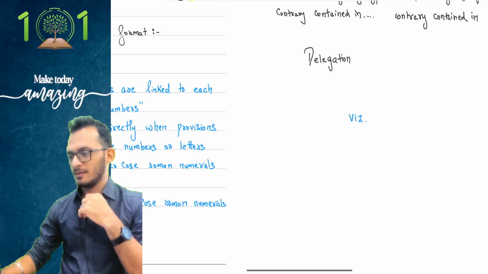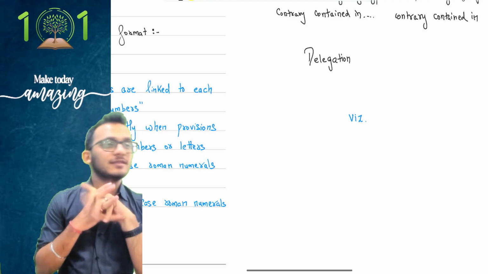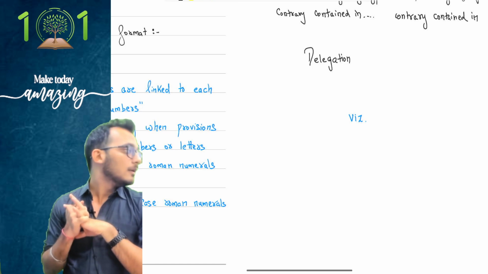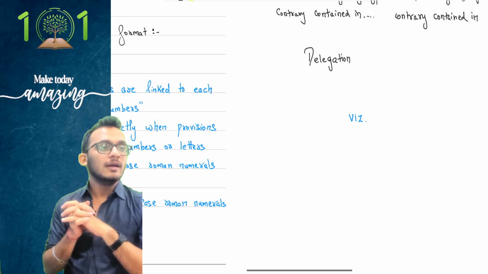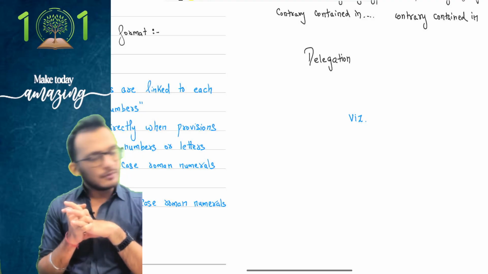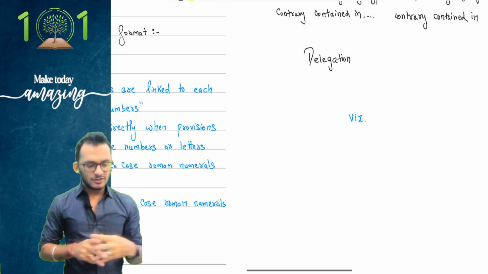So explanations are for defining or expanding the scope of the main rule. Full stop. Continue.